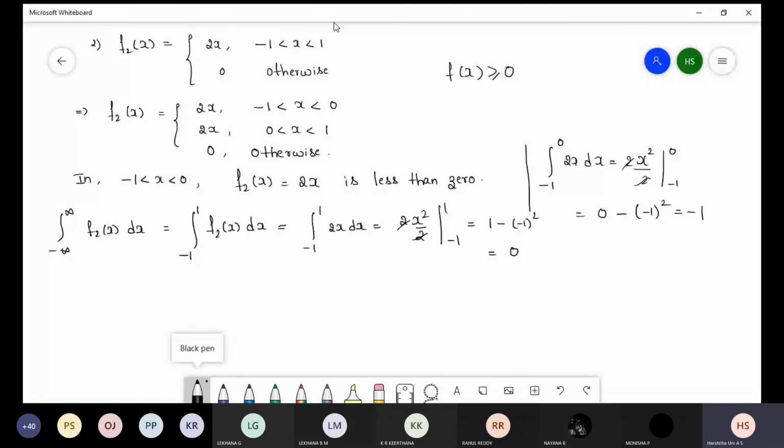Suppose if you want to do individually, this second one, individually you have to do means limit 0 to 1 2x into dx.